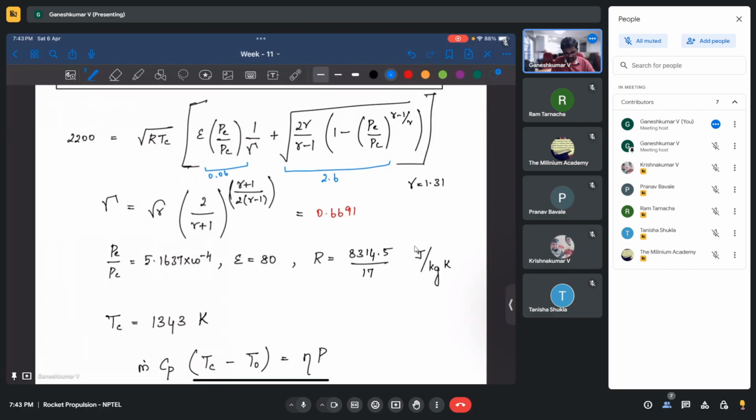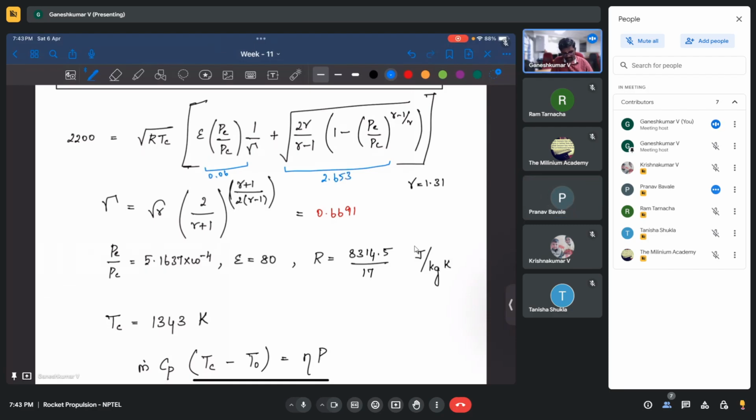So 5.1637 into 10 power minus 4, power, 0.31 by 1.31, 1 minus answer. I got 2.653.